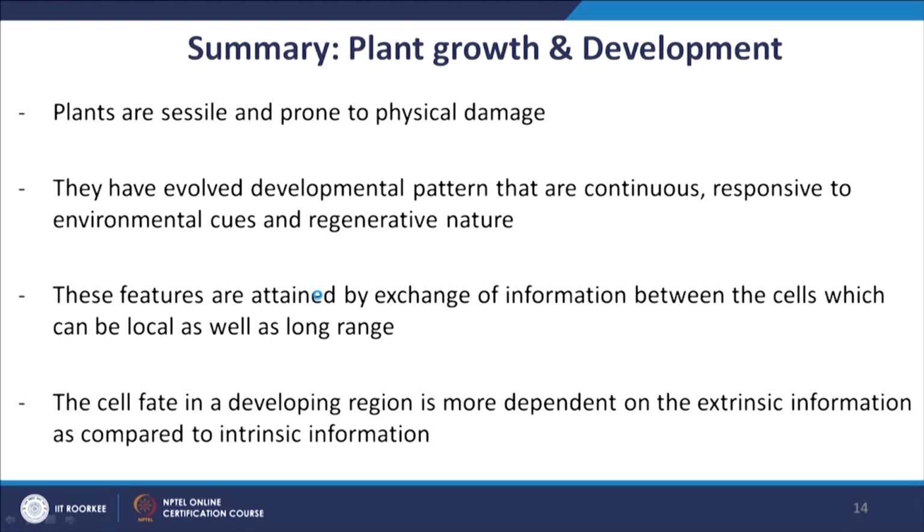These features are attained largely by exchange of information between cells, which can be local as well as long range, and cell fate in the developing region depends more on positional cues as compared to lineage information.